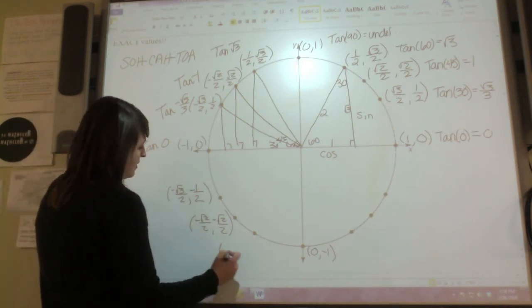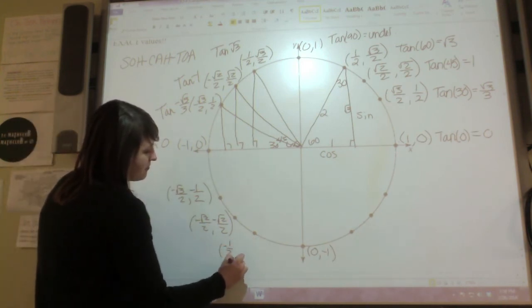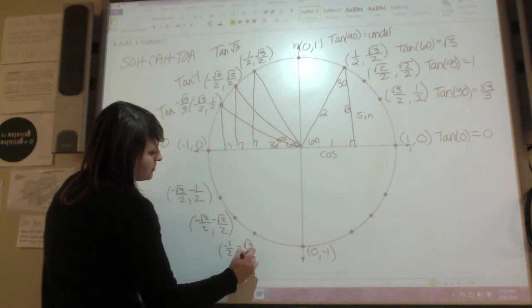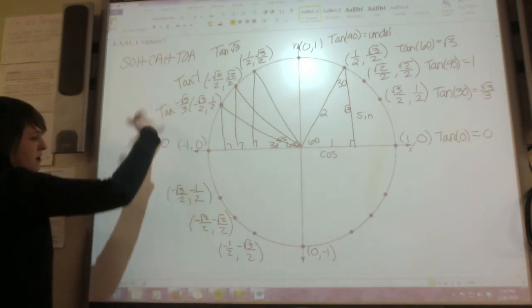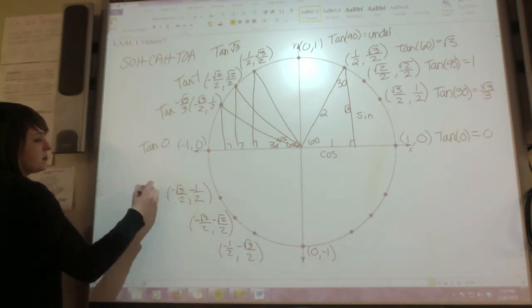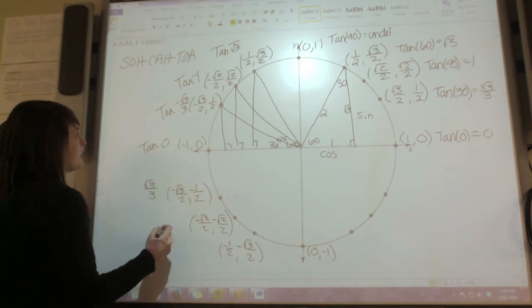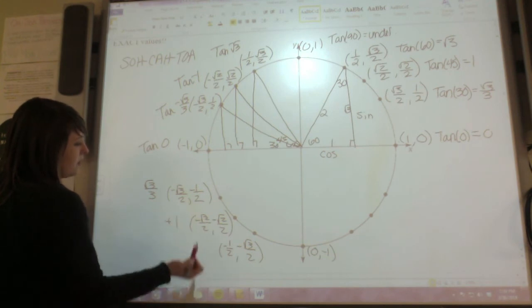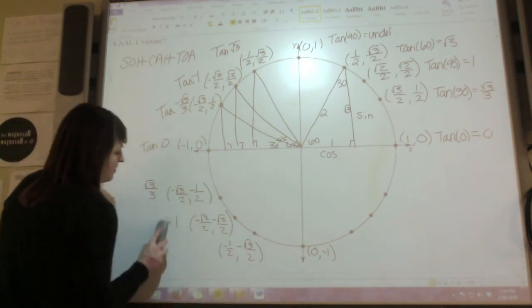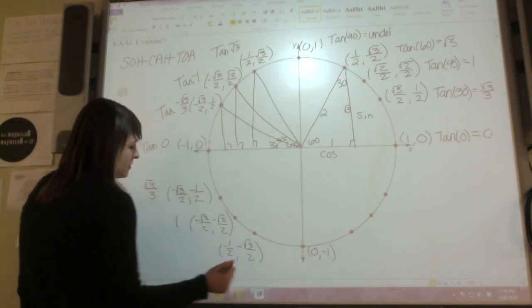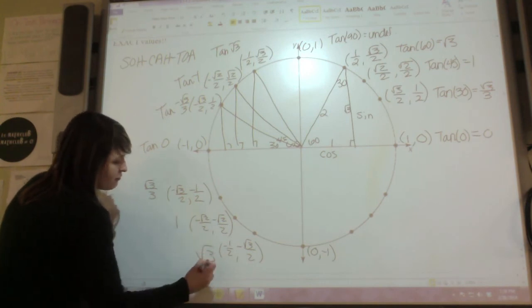And then this one down here is going to be negative 1/2, negative square root 3 over 2. And then again, my tangent values are going to correspond. So this one is going to be positive square root 3 over 3. This one is going to be positive 1. And this one is going to be square root 3.